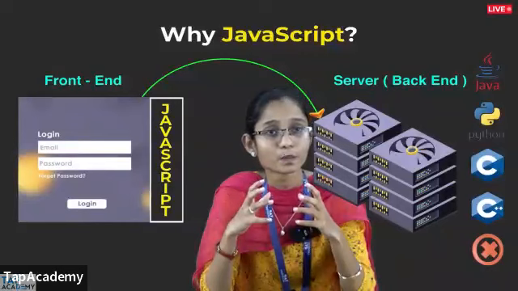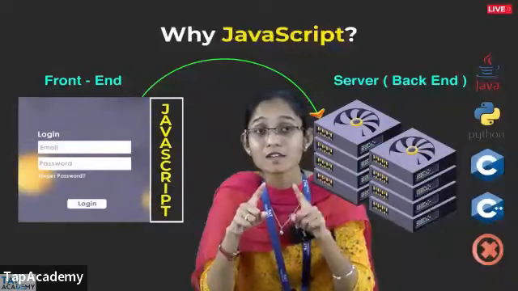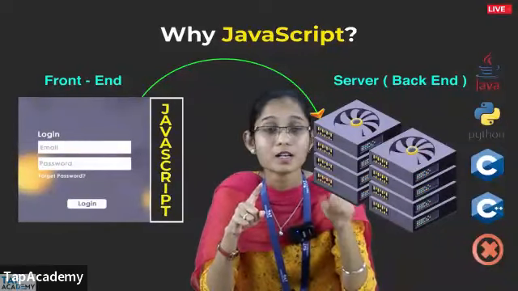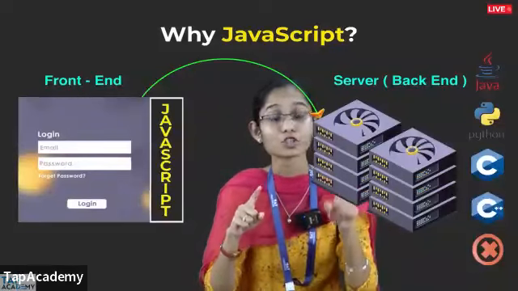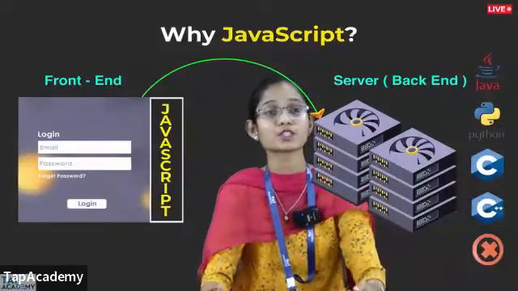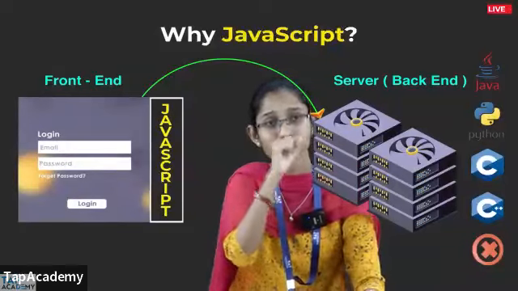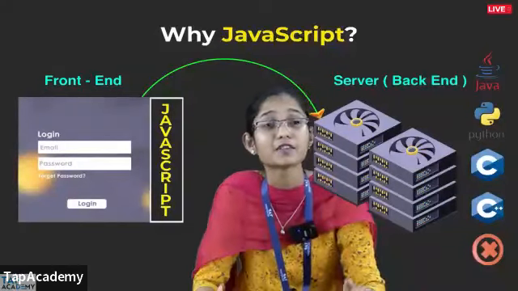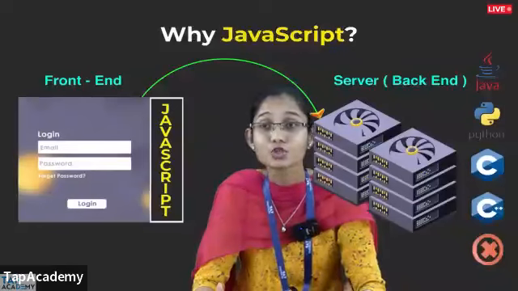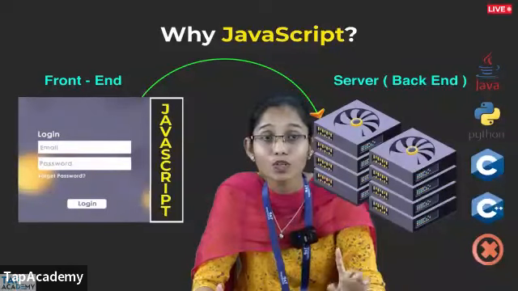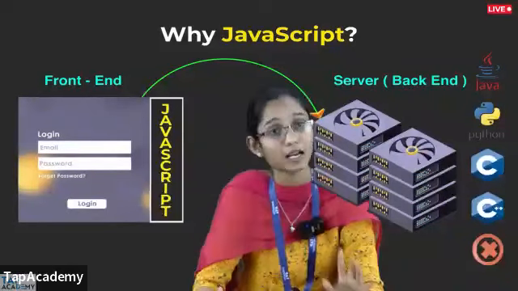But JavaScript is not on the server side. JavaScript is not on the back end. So these logical operations will now be happening in the front end only, so that you will not be invoking the server multiple times.